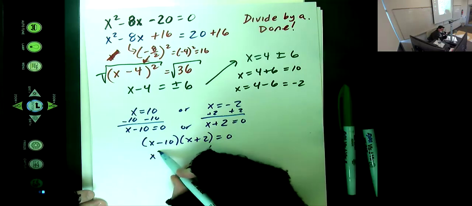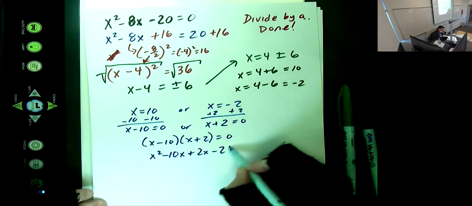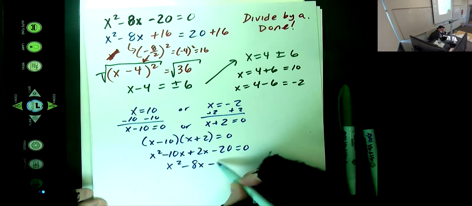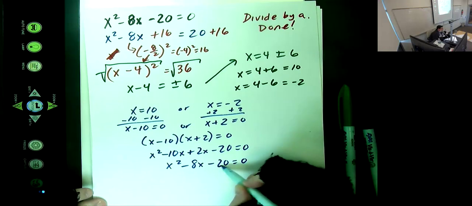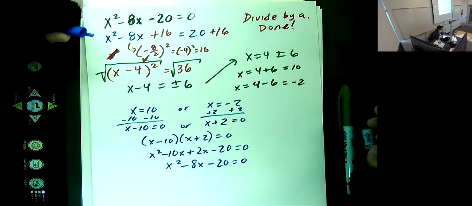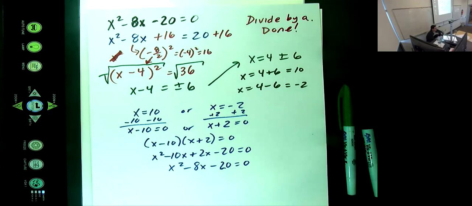And if you multiply this out, we get our x squared minus 8x minus 20. So this was a factorable one. We could have factored, but we're practicing completing the square. Because it always works. Even if it ends up giving you an i.